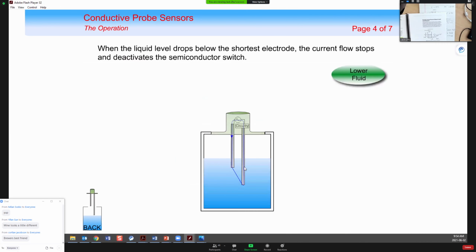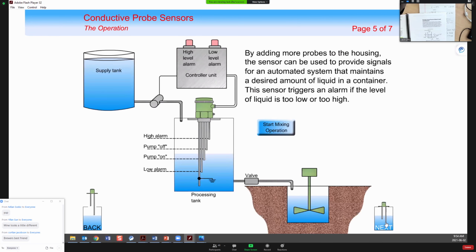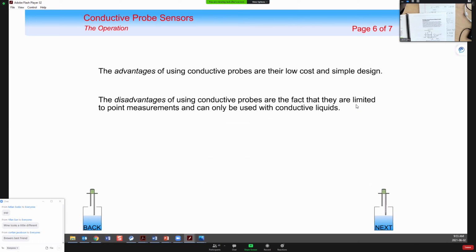If you have two probes, it can only give you the measurement if both probes are immersed inside the liquid. That's why it's limited to point measurement, and it can only be used in conductive liquid. If the liquid is not conductive, you cannot use them.